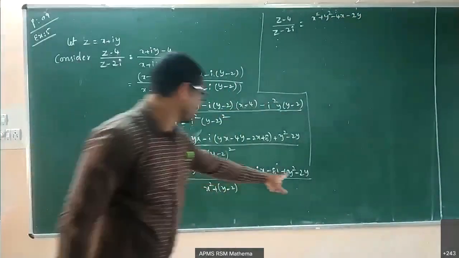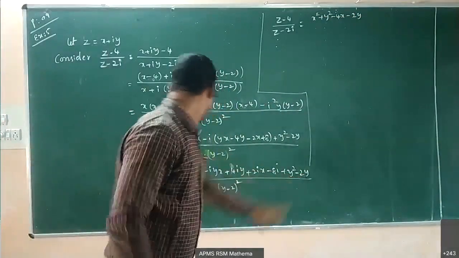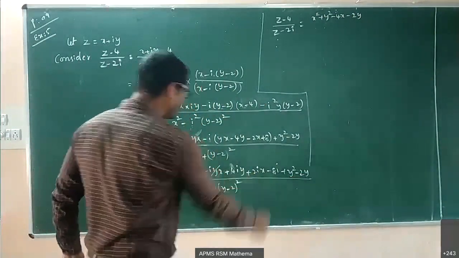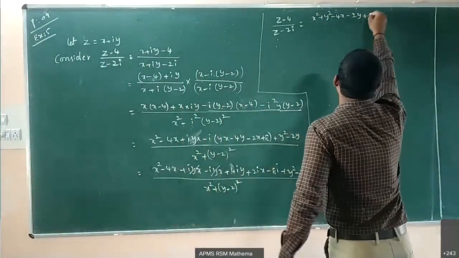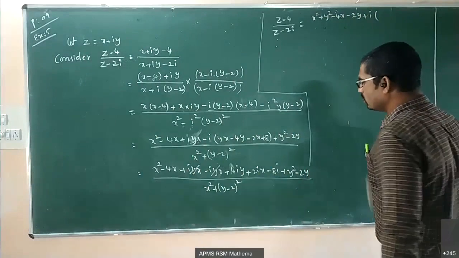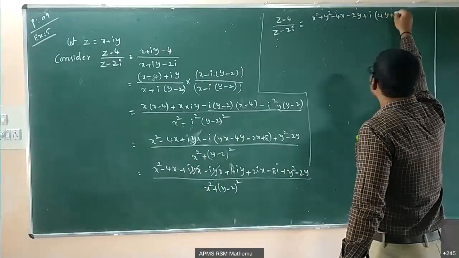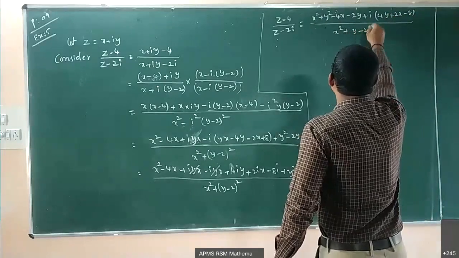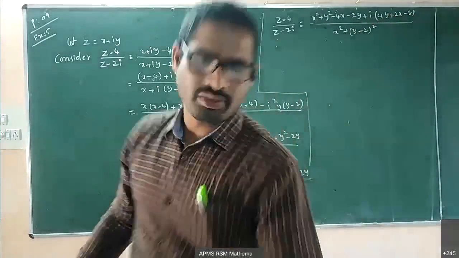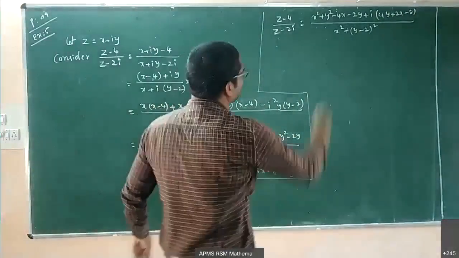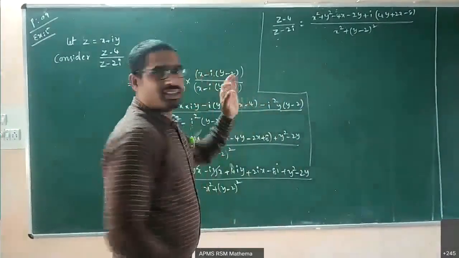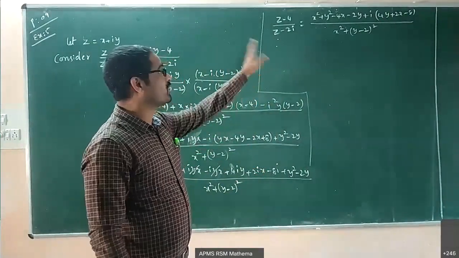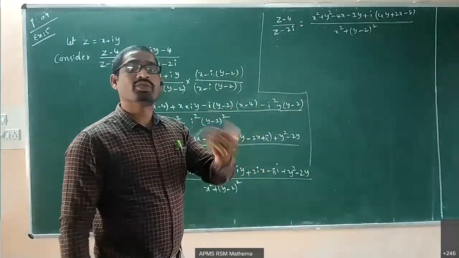Here iyx gets cancelled, and in these three terms we take i as common, plus i into (4y plus 2x minus 8), divided by x square plus (y minus 2) whole square. Now if you observe properly, in the problem it is given that the real part of (z minus 4) divided by (z minus 2i) is equal to 0.